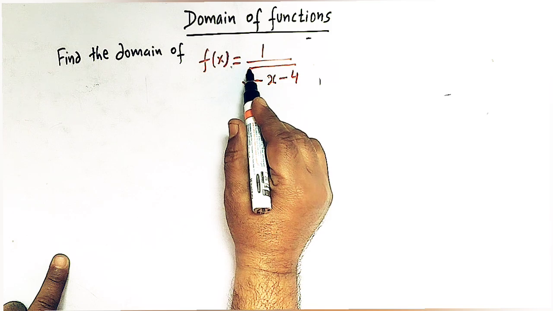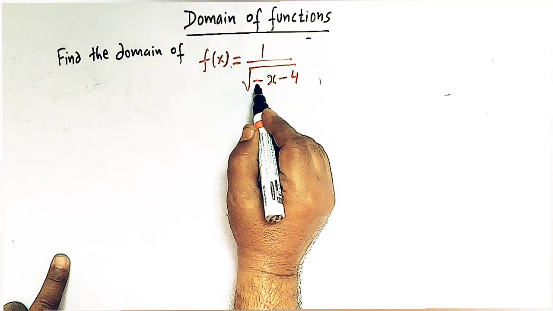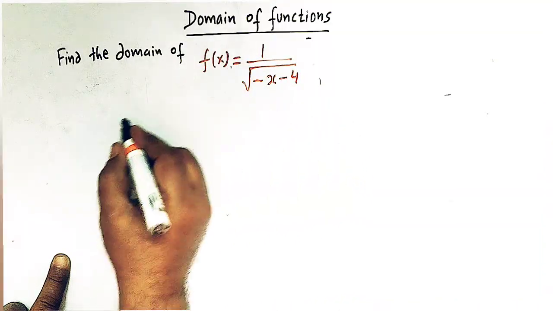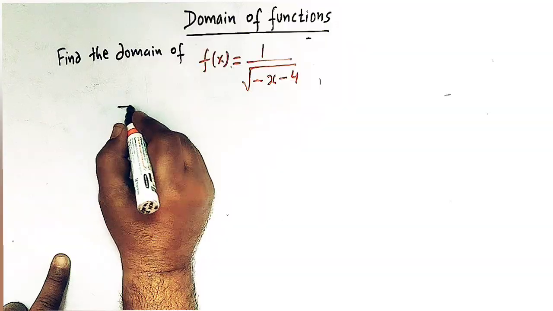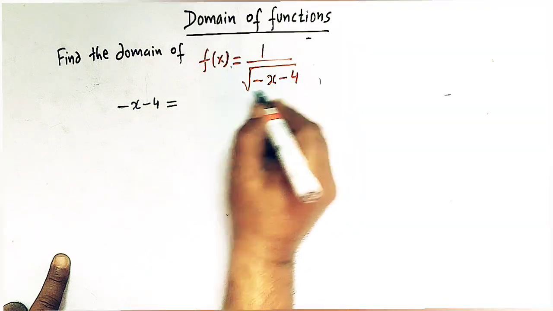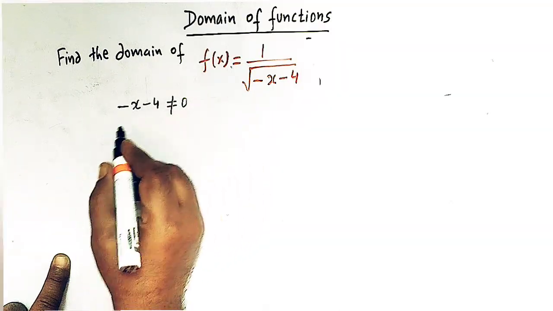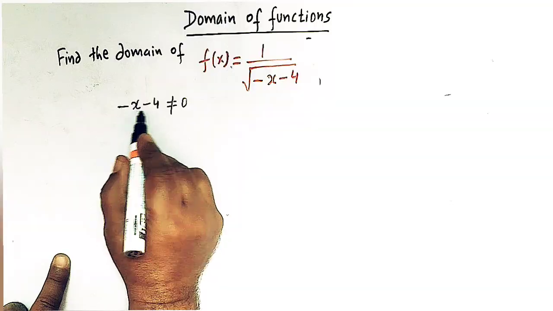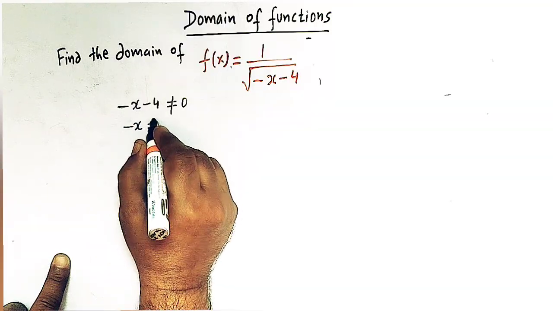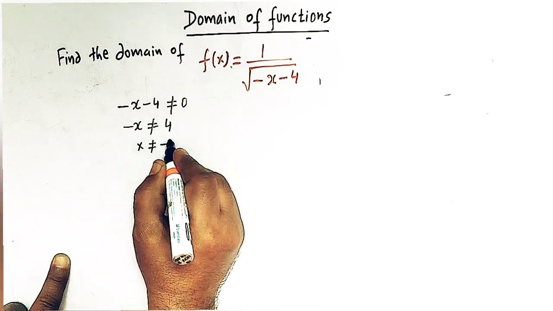So here under the radical sign, that is the square root sign, we have minus x minus 4. So the first condition is that this quantity, that is minus x minus 4, should not be equal to 0, right? So let us solve this expression. So we have minus x should not be equal to 4, or x should not be equal to minus 4.